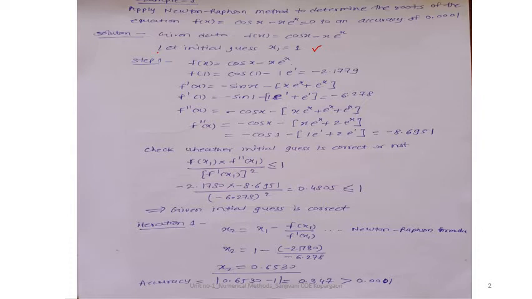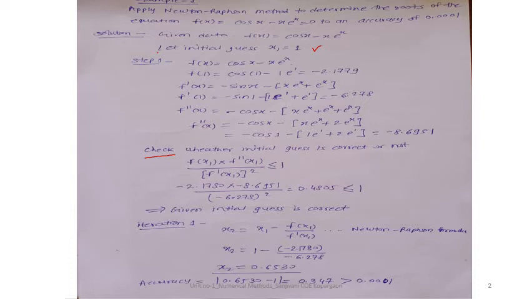To check whether the initial guess is correct, this is the condition which is specified. We need to check that f of xi multiplied by f double dash of xi upon f dash of xi square, this total value, should be less than positive 1.